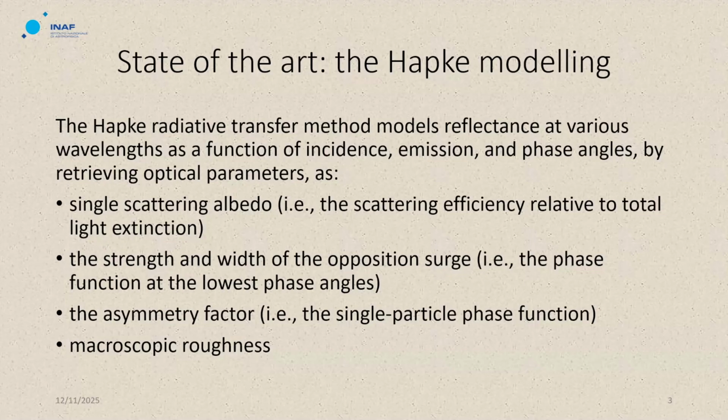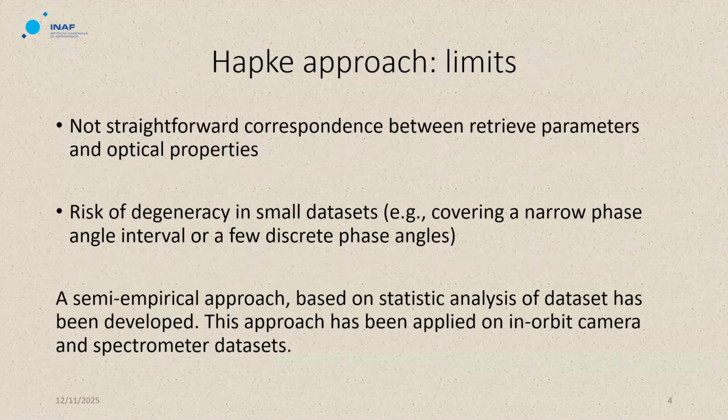This is the commonly used method that has many advantages because it can correct the entire spectrum, but it also has some limits. The first one is that the correspondence between the parameters I just showed and the corresponding physical quantity, the optical properties or, in the case of roughness, the physical properties, is not always straightforward.